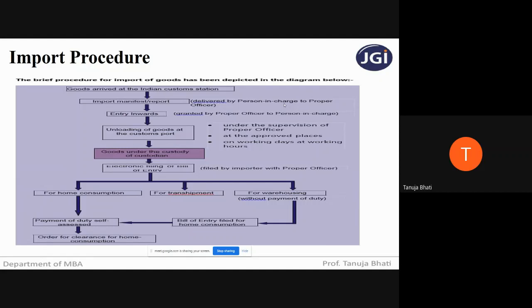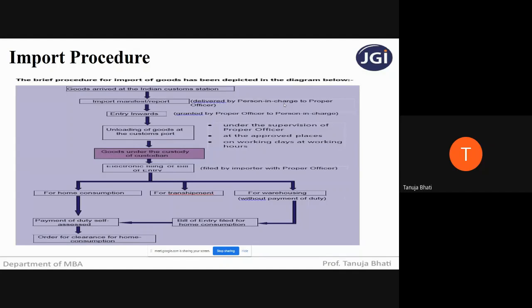Suppose the goods are coming through any other conveyance which I have not mentioned, then the person in charge will be the driver or other person in charge of the conveyance. So either the driver or any other person in charge of that means of transport will be the person in charge. What is the responsibility of this person in charge?